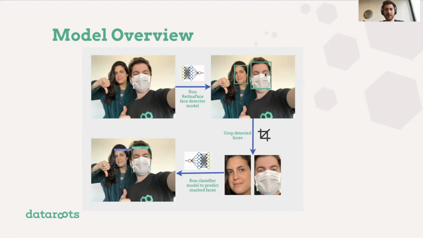In the second step, the detected faces are cropped like this. Finally, these cropped faces are given to the classifier model, which predicts whether the face wears a mask or not. As you see, it detects that this person, me, is masked, and my wife is detected as not masked.